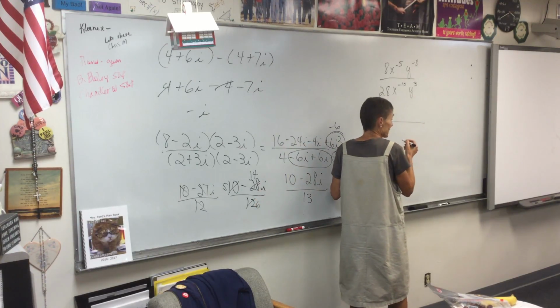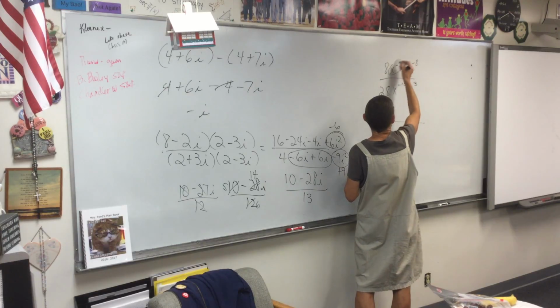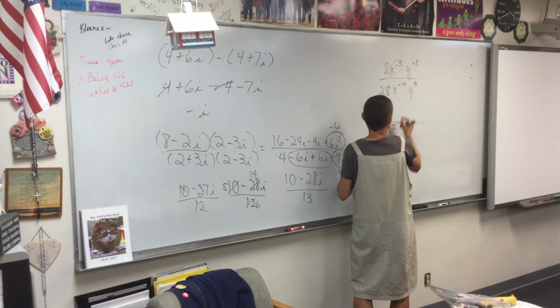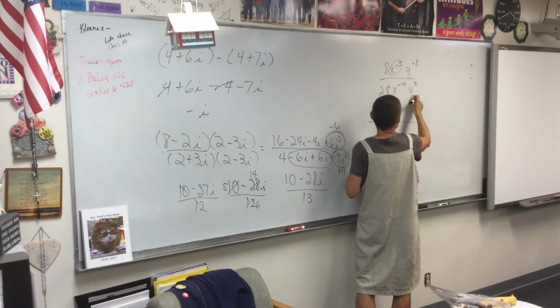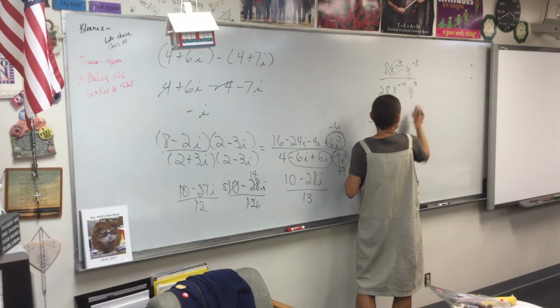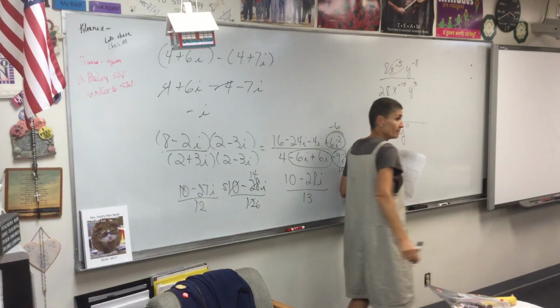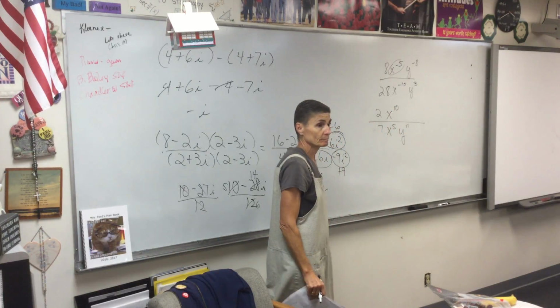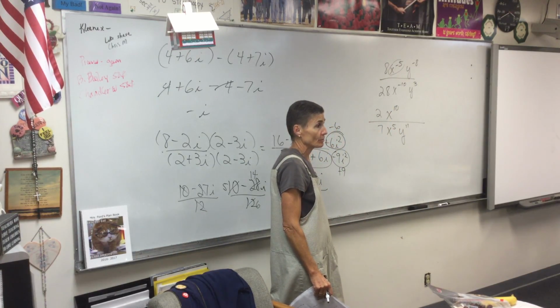So, this is going to be tricky because this comes down, but that goes up. This comes down, but that stays there. So if I have 3 and I bring 8 down, that would be y to the 11th. You okay with that?